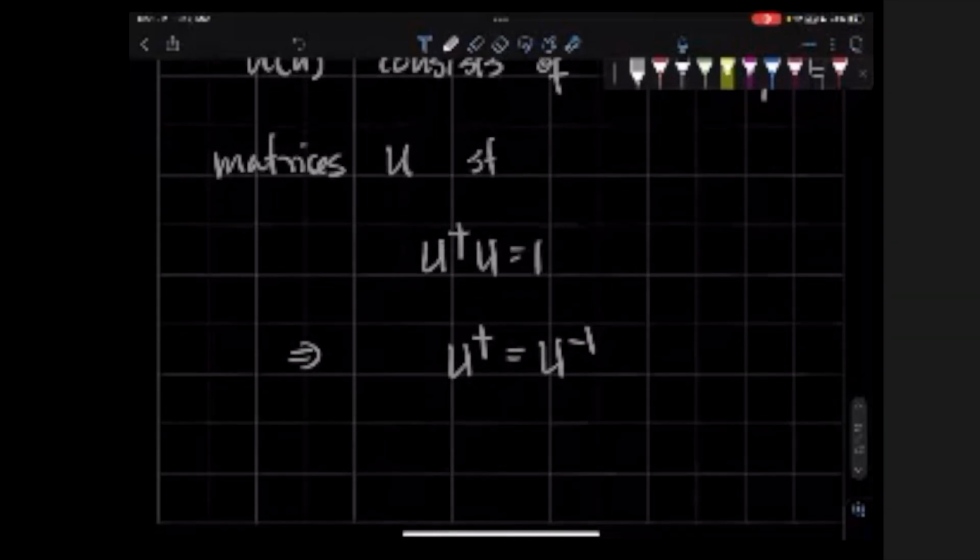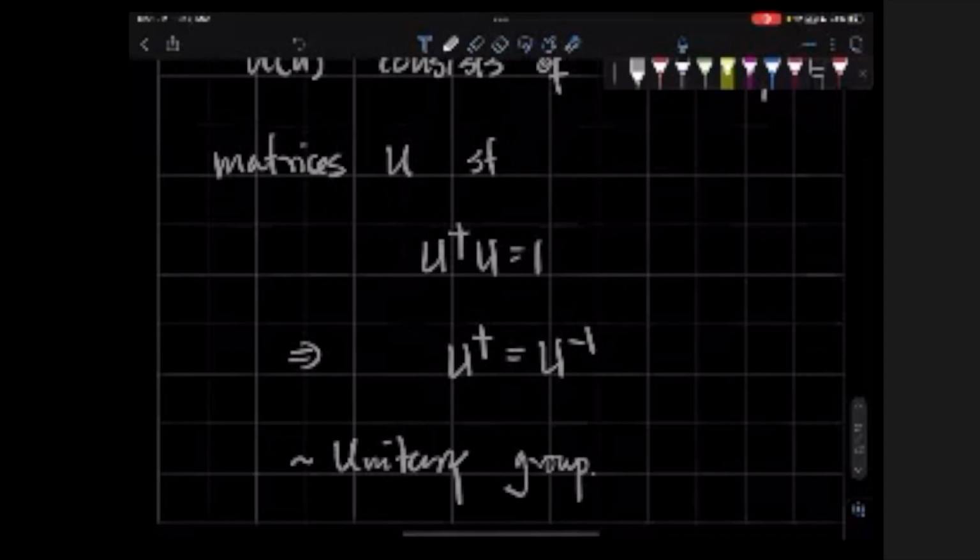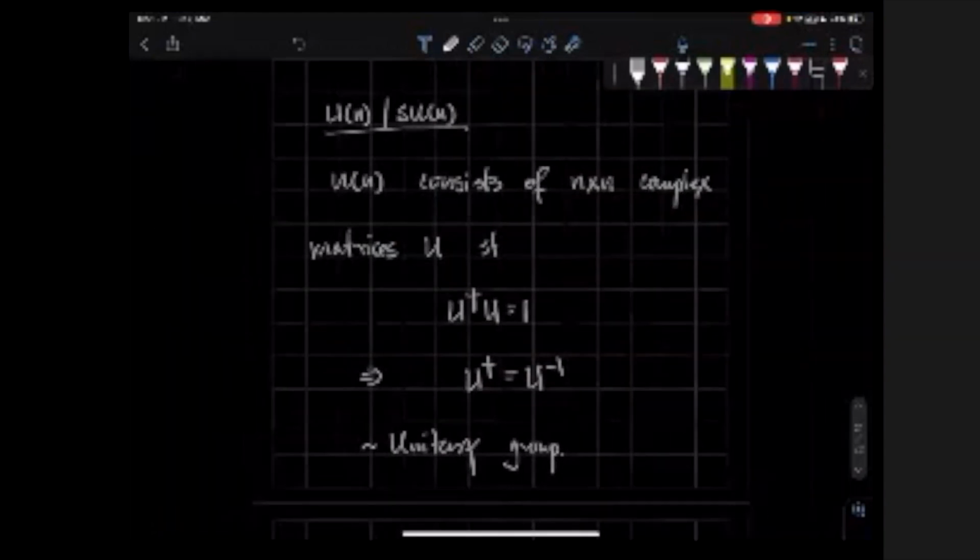These are called unitary matrices. So unitary group. Okay, so that's basically UN.